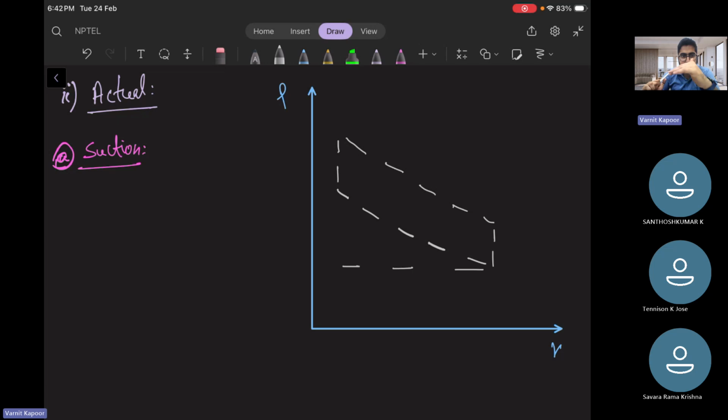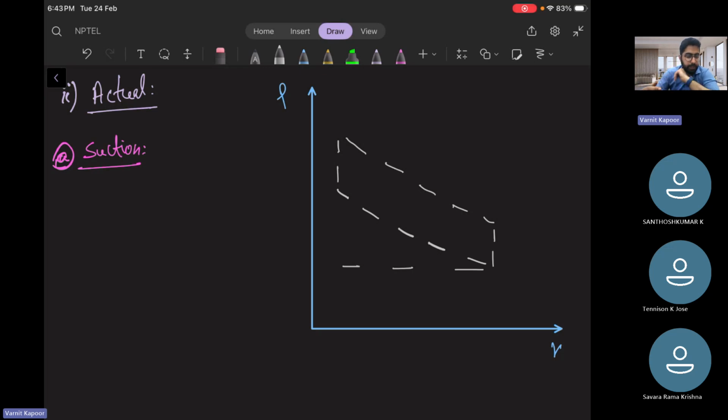The air-fuel mixture enters the cylinder at atmospheric pressure, and if the pressure inside the cylinder is lower than the outside pressure, then because of the pressure difference the suction will happen, and its variation depends on the piston speed. Higher the piston speed, lower the pressure, as per Bernoulli's law. So pressure is inversely proportional to the velocity or speed.